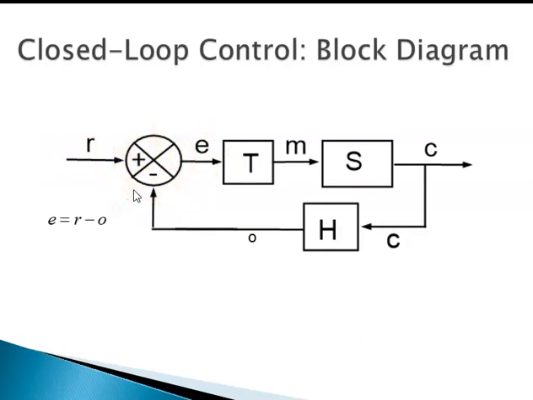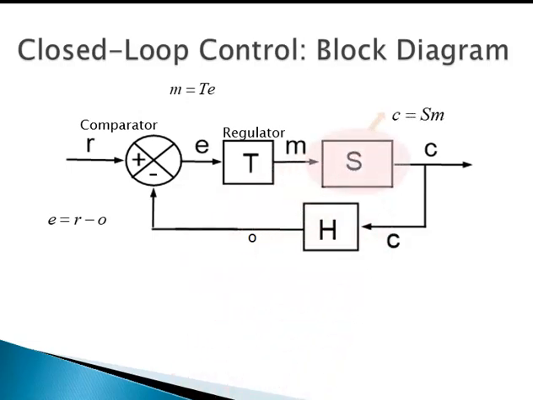Then the next element we have is the regulator, this regulator with block T. The equation is output is equal to E multiplied by the transfer function T of this block. That is, M is equal to TE, output is equal to input multiplied by something, is the equation. And this we say is the regulator.